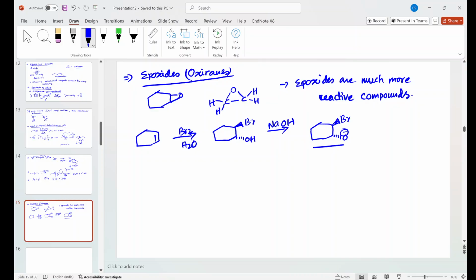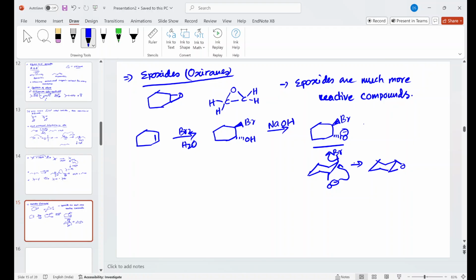Now this is an interesting thing. If you draw the molecule, it is a cyclohexane in the chair conformation, and these are having trans relation, and this oxygen now can go and attack the antibonding site of the C-Br bond, and it will go, and then it will form this one, right?